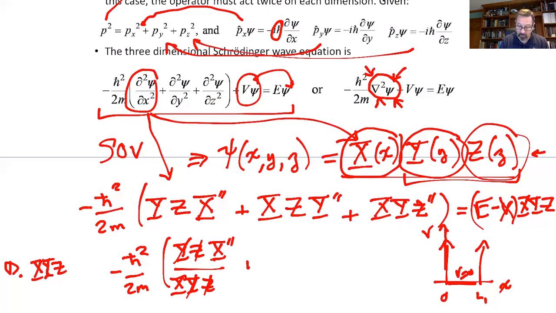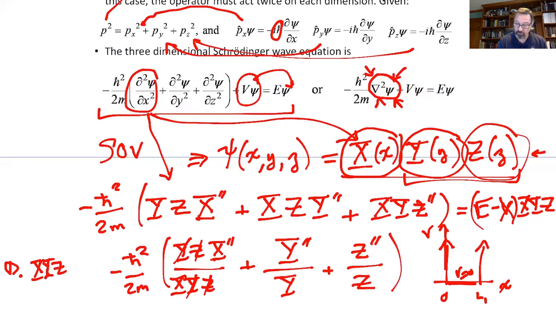I'm not going to write it out for the rest, but hopefully you can see then that the next term here would be the second derivative of the y function, again divided by all three. Two of the three cancel, and I divide that by the y function itself. And then I do the same thing to the third function. It'll be the z function's second derivative divided by the z function itself.